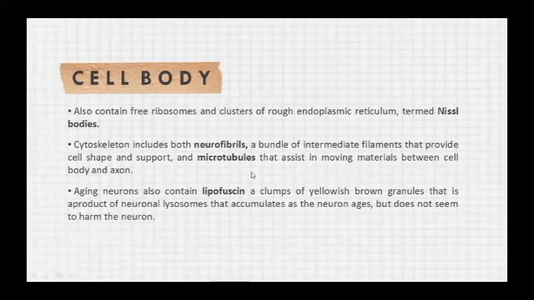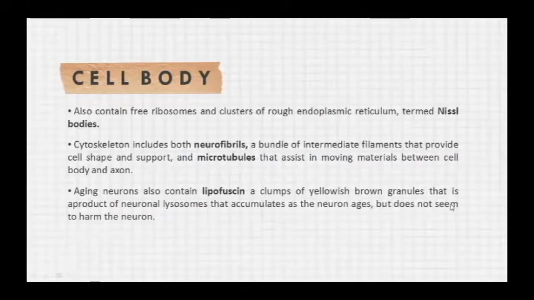The main difference is that when our neurons age, they contain lipofuscin, which are clumps of yellowish-brown granules that are a product of neuronal lysosomes, which accumulates as the neuron ages. However, this lipofuscin does not seem to harm the neuron.